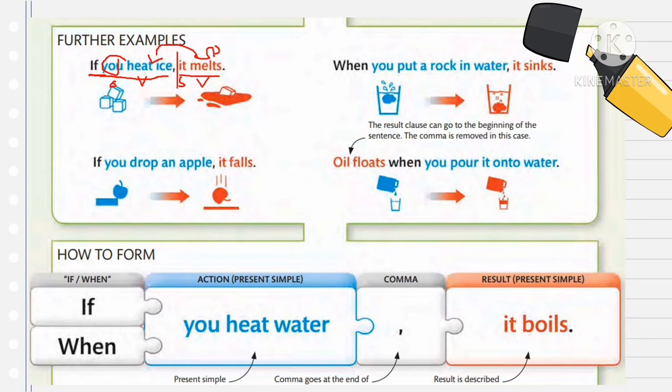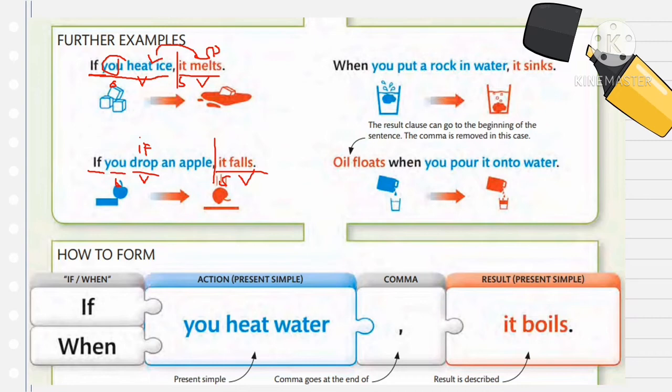Another, if you drop an apple, it falls. If you is the subject, drop is the verb, and it falls under simple present tense. This is our if clause. And then the result of the situation under the if clause is when you drop an apple, it will eventually fall. It is the subject, falls is the verb.